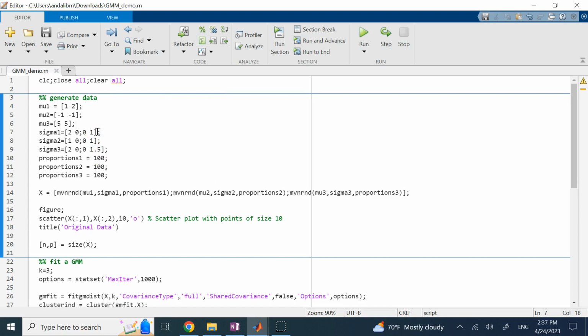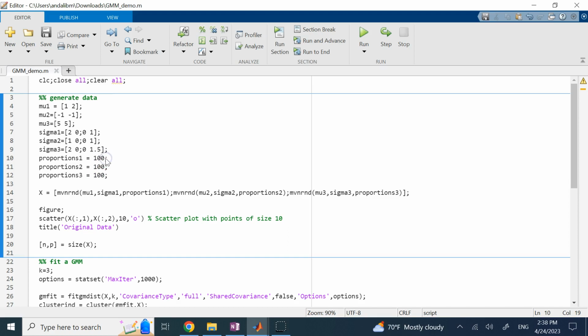So here I go with 3 clusters of data coming from normal distributions, and I set up my centers in these 3 locations, okay? And these are my sigma matrices, my covariance matrices. They are all diagonal, as you can see. And the number of data, not really proportions, are 100, 100, and 100.